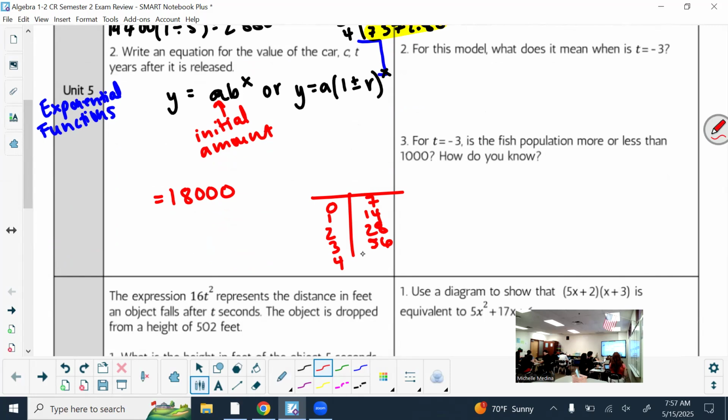Okay, so I just made a random example. What is the pattern here? Are they adding the same amount each time? All right, no. Are they multiplying the same amount each time? Then that's what makes it exponential. And what you are multiplying by each time is your b.